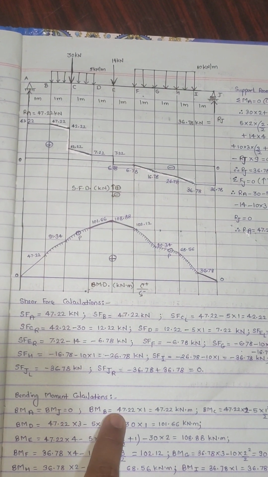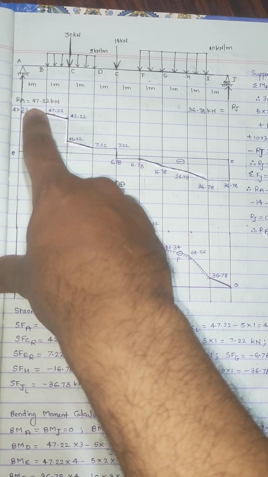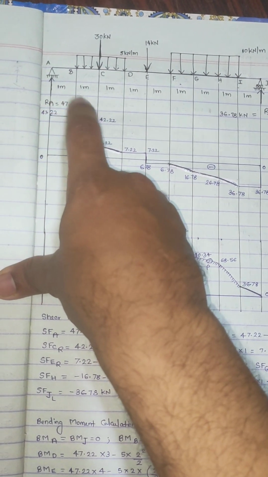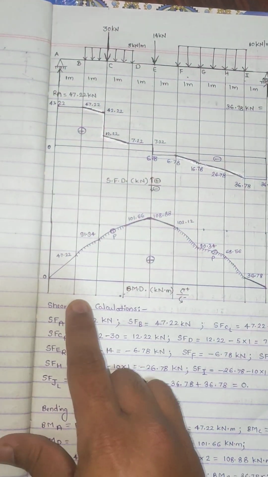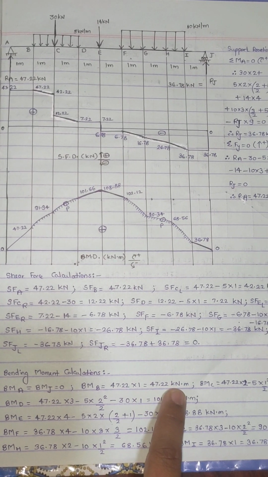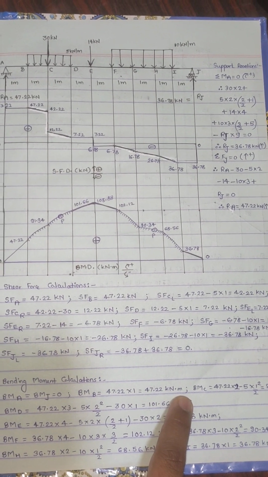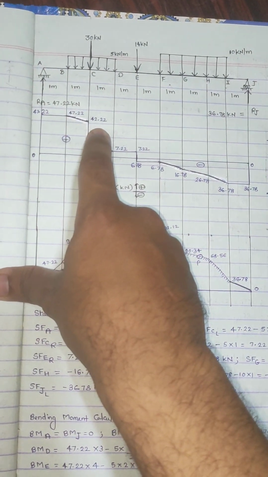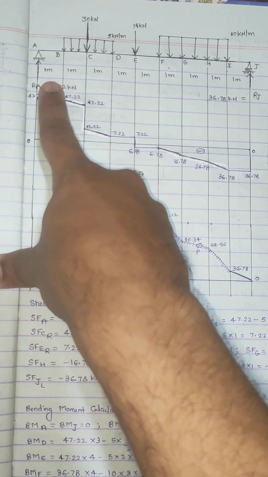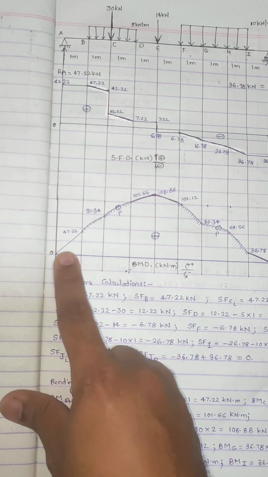Now to calculate moment at B, this 47.22, reaction at A, multiplied with 1 meter would give you 47.22. I have written here kilonewton meters. Bending moment at C when we are calculating, so this 47.22 multiplied with the distance up to C, the distance is 2 meters.